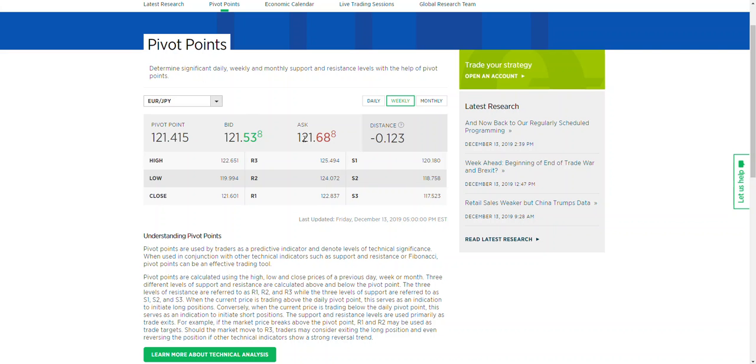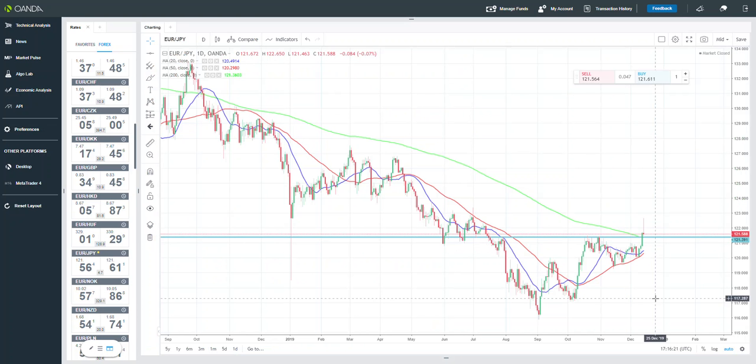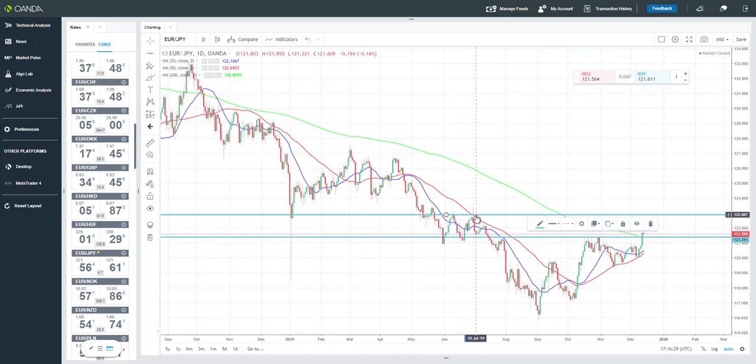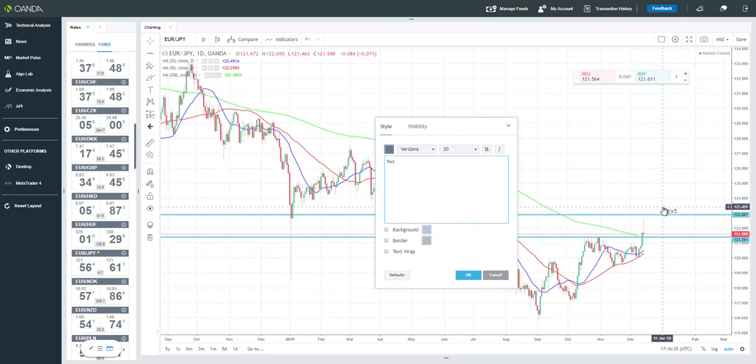Okay, so weekly R1 122.83. So let's go ahead and make another horizontal line, 122.83. Right in there. And let's go ahead and label that. Weekly.